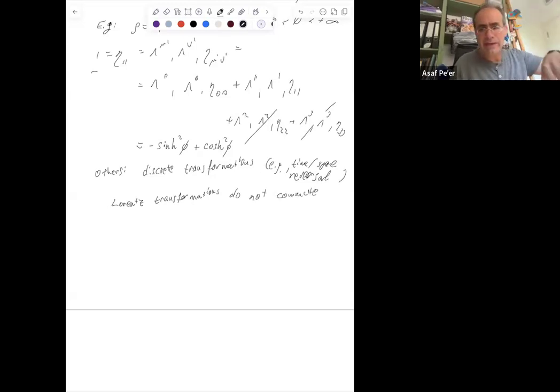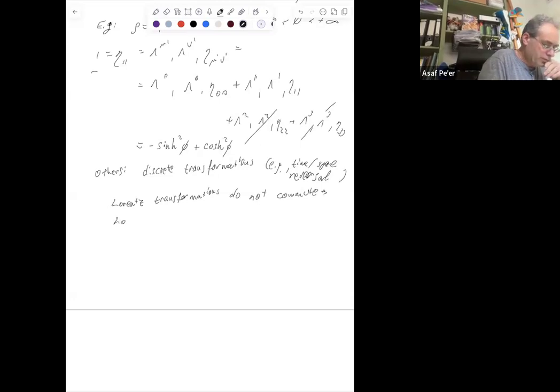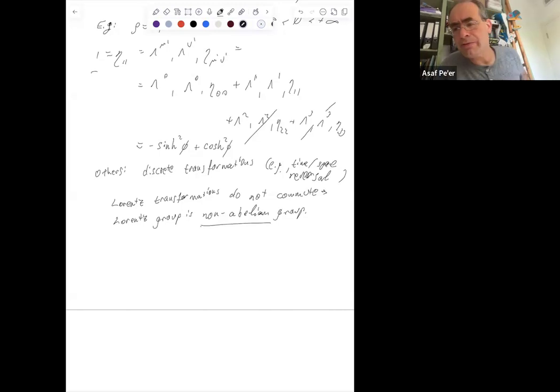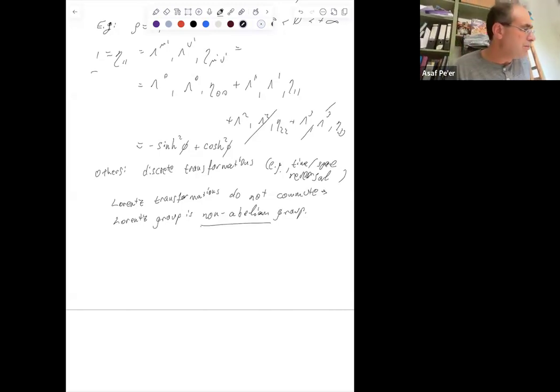Two around the x-axis will commute, but in general they do not commute. This is called the Lorentz group, and it is a non-abelian group. That's the mathematical name for a group that contains elements that do not commute with each other.